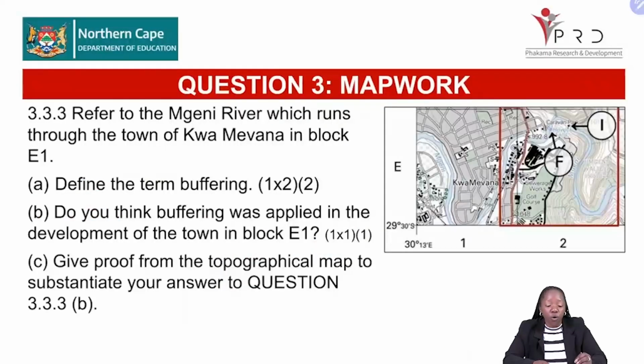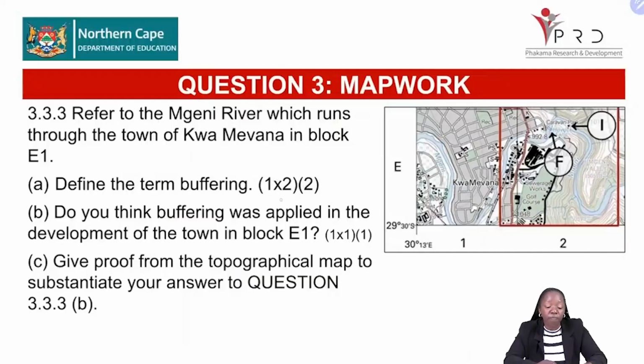Then your 3.3.3. You refer to the Umgeni river, which runs through the town of Kwamevana in block E1. Number A, define the term buffering. 1 times 2. Remember all the definitions are now allocated 2 marks.